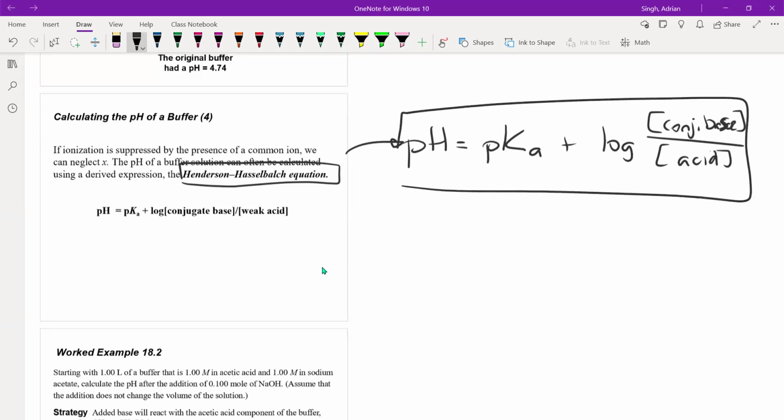This is the shortcut, the Henderson-Hasselbalch equation for calculating the pH of a buffer solution.